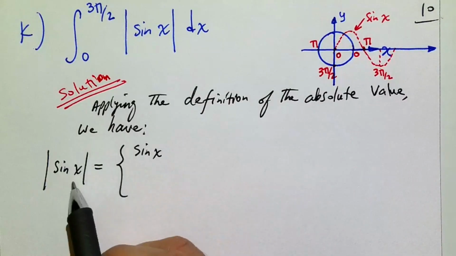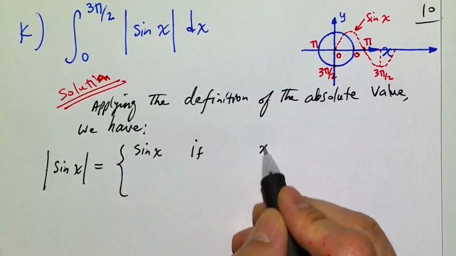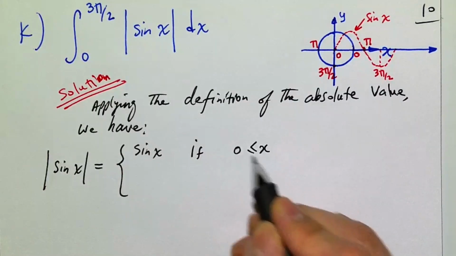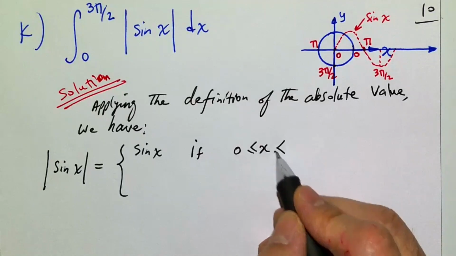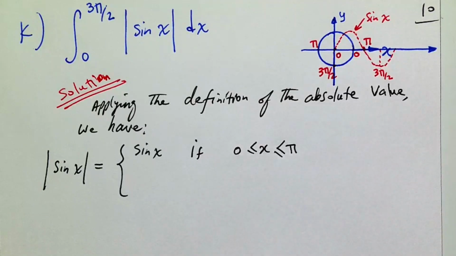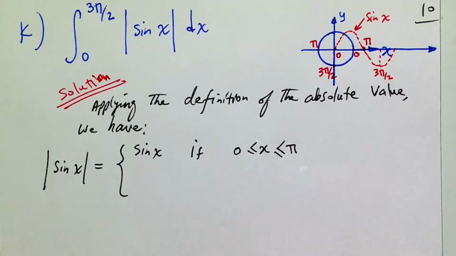So we have absolute value of sine of x equals sine of x if x is between 0 and pi. We can guarantee that the function is positive between those two limits.